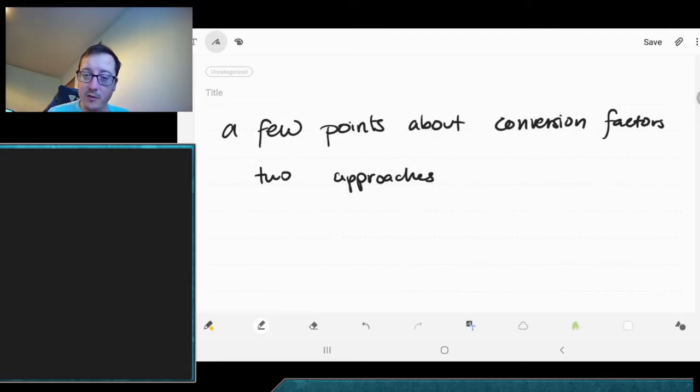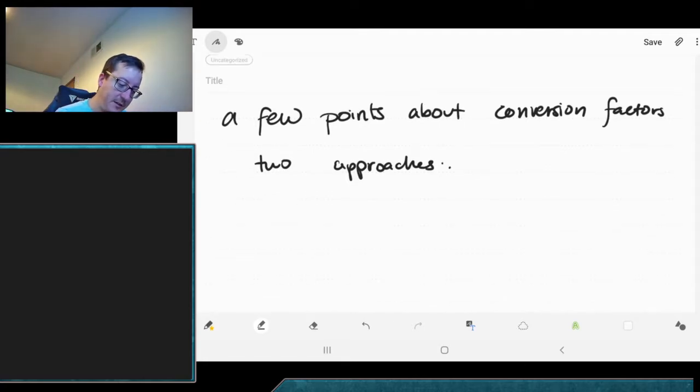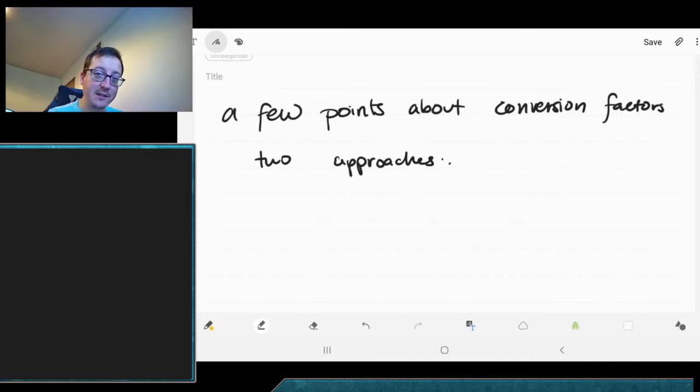Some you're more familiar with, more comfortable with. But with these two ways, you can use either one. You're going to get the right answer. But in my opinion, one of them is a little bit easier and might be a little bit less stressful. But we'll see. There's going to be two approaches that you're going to deal with when solving problems.